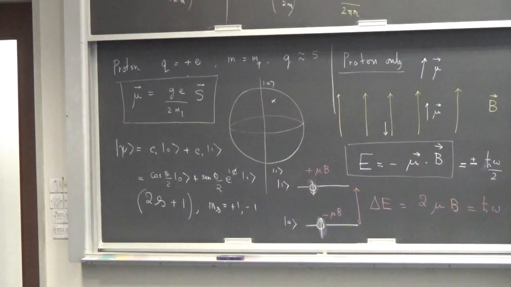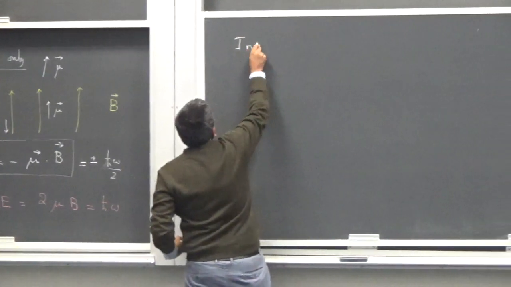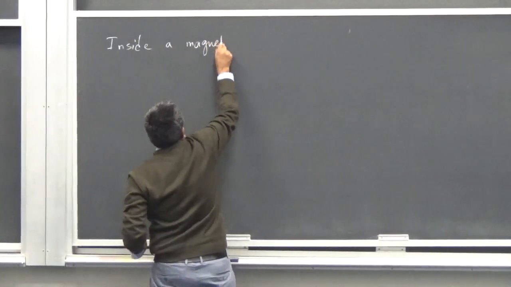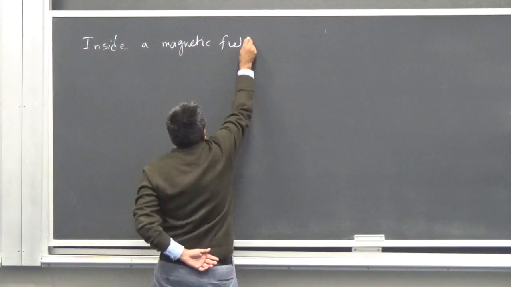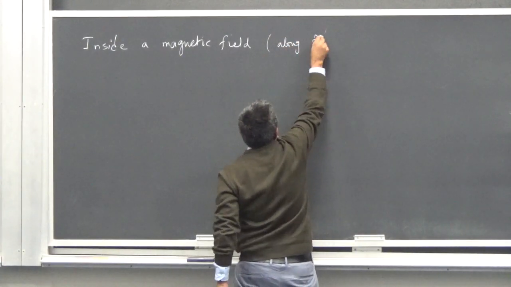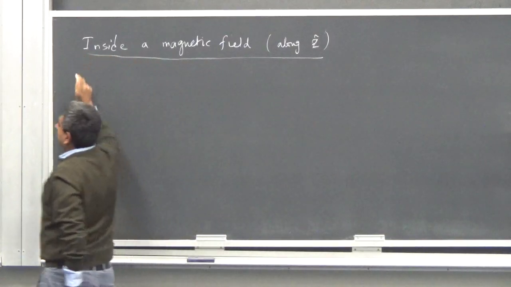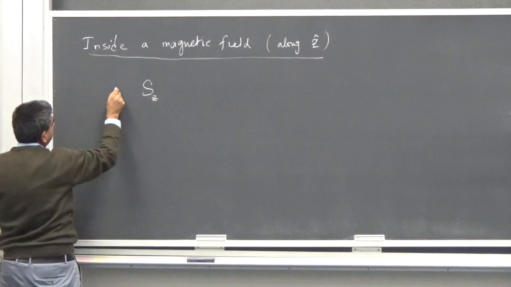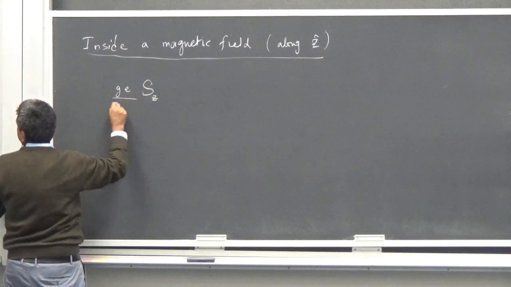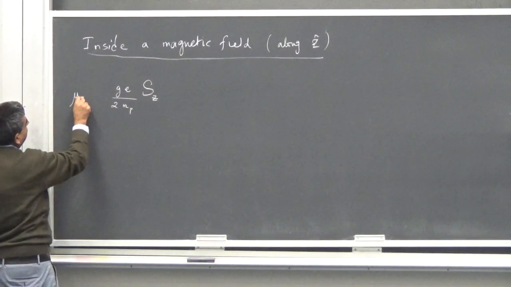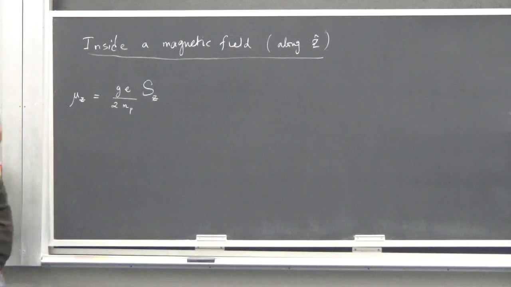So then what you would have is, inside a magnetic field pointing along the Z direction, this S, we're just talking about the Z component of S, this becomes g e over 2 m, the mass of the proton, and this now becomes the Z component of the magnetic moment.